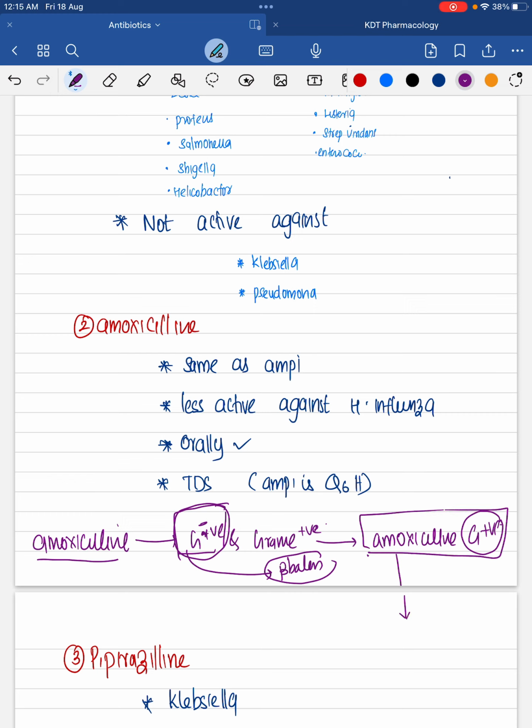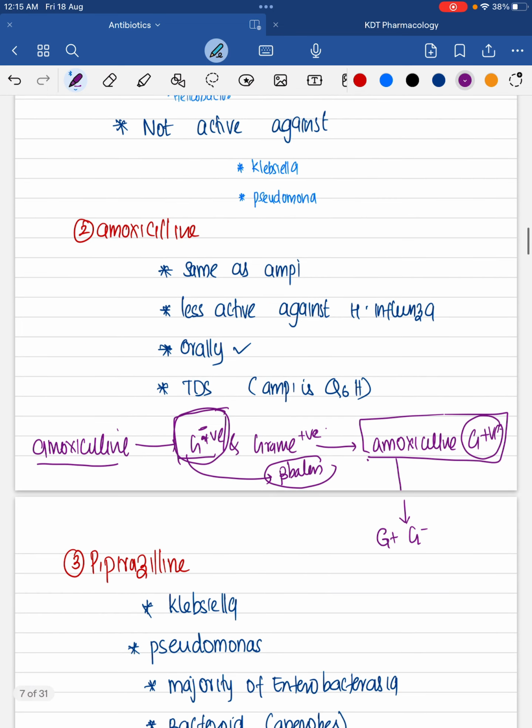To make amoxicillin a broad spectrum antibiotic, covering gram positive and gram negative, what do we have to do? We have to add something which inhibits this beta lactamase. So what will it be? Amoxiclav. In the present era of resistance, amoxiclav will be acting against positive and negative, while we cannot much rely on amoxicillin for protection toward gram negative.